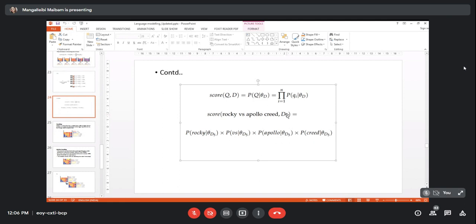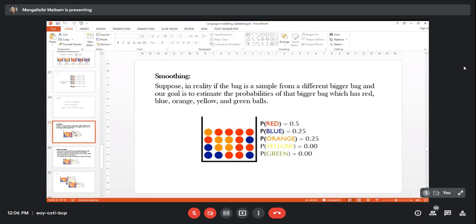If it is set for D3, you have to find its probability distribution for these terms from D3. So now in this query, it is asked to find from D5. So we will be using our document D5, and we will be counting the probability for Rocky from D5, probability for versus from D5, probability of Apollo from D5, probability of Creed from D5, and finally you will multiply and you'll get the score for the query.